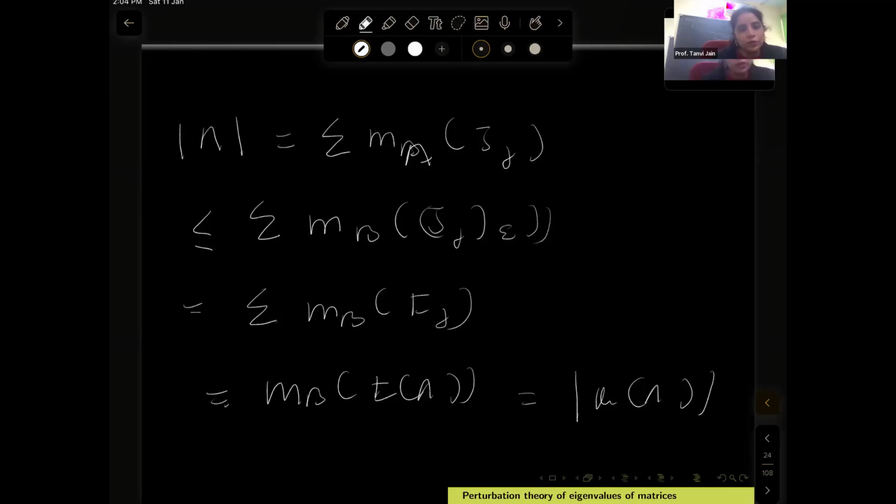What was my Hall's condition? What is μ_λ? Now, what is my relationship here? A and B are the multisets: the eigenvalues of A and the eigenvalues of B. In Hall's condition, the two sets are the eigenvalues of A and the eigenvalues of B. And the relationship is that λ_i is related to μ_j if |λ_i − μ_j| is less than or equal to epsilon.